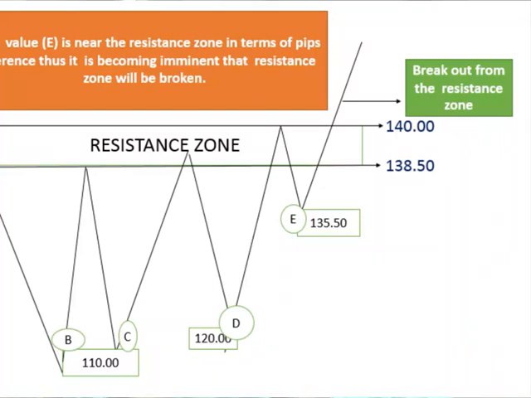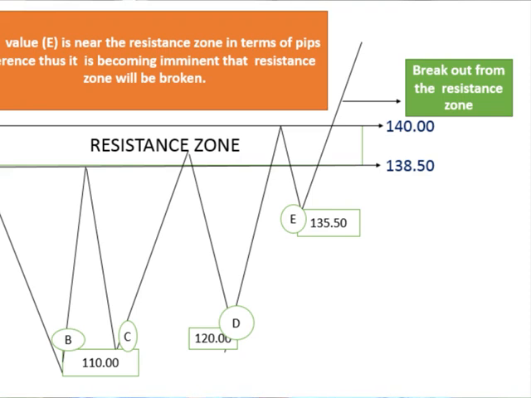And if you are conversant with an indicator called volumes, you will see, take for example, if there's a resistance zone at 138.50 and price moves towards maybe 110.0 only to come back and retest it.